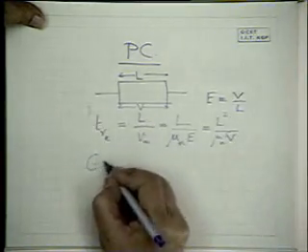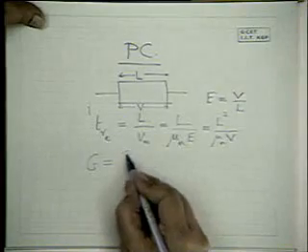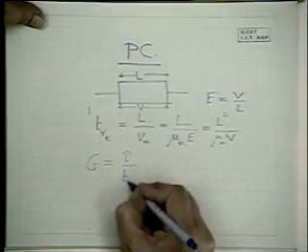As I showed last time, the gain is typically tau by the transit time.